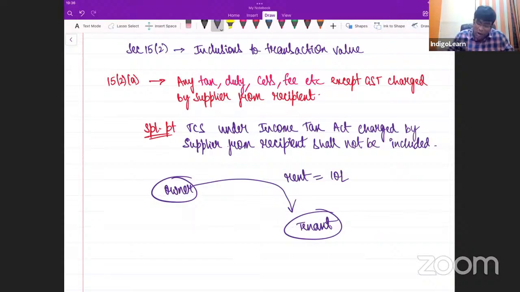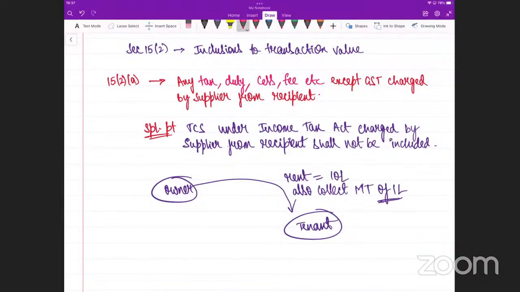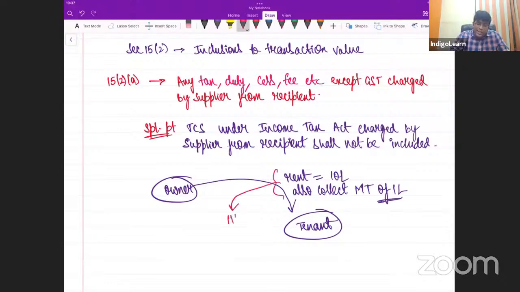Apart from 10 lakhs, owner also collected municipal tax of 1 lakh. Actually, municipal tax who is supposed to pay? The owner. But municipal tax owner collected from tenant. In that case, law is telling GST will apply on 11 lakhs because any tax, duty, cess, fee charged by supplier from recipient will be included.